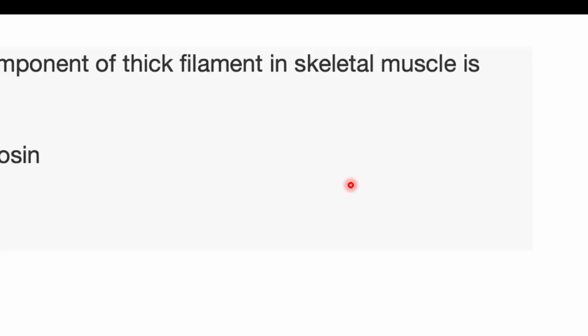The thick filament in skeletal muscle, what is the main component in that? Is it actin? Is it tropomyosin? Is it troponin or myosin? Let us take a minute and collect some answers, and I will reveal the correct answer at the end of the video.